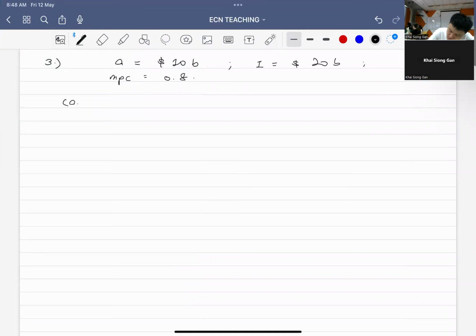Now we can start straight away. We can form our consumption function, which is C equals A plus BY, where Y is disposable income. So I can straight write 10 plus 0.8Y. Okay, done.